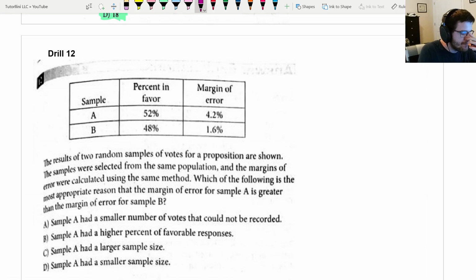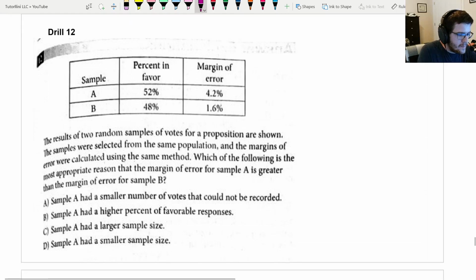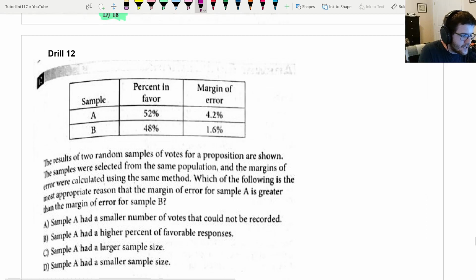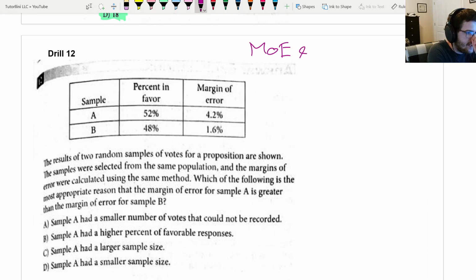This is great. Okay, so the concept that they are testing us on here, I go over this in the Ottocento video: margin of error and sample size are inversely proportional.